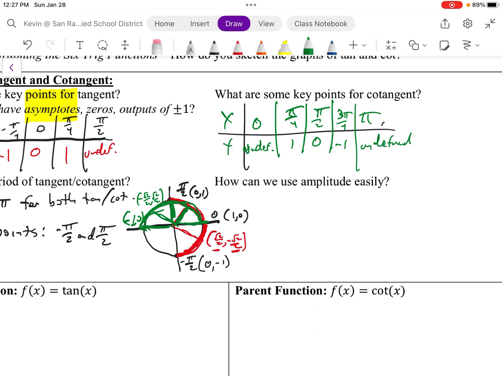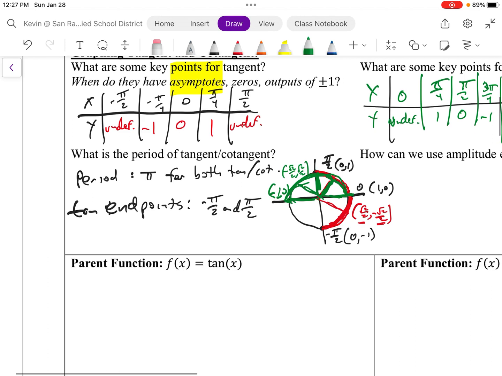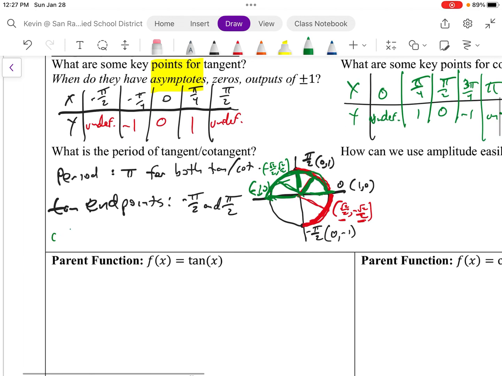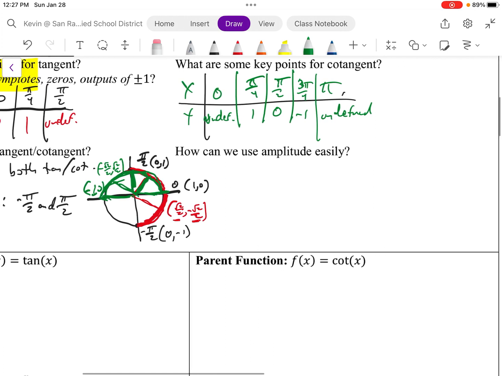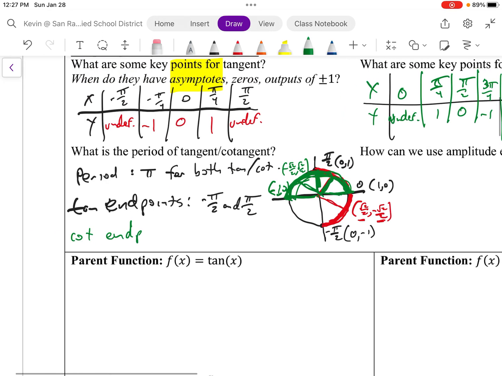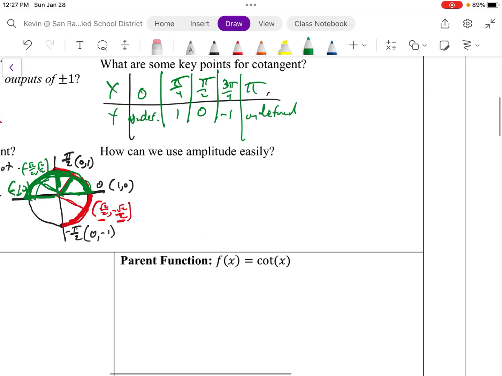And then it's undefined here. All right, so over here, the cotangent period is pi, 0 to pi, but the endpoints are 0 and pi. So a little bit different there.